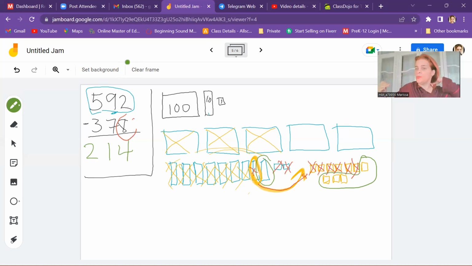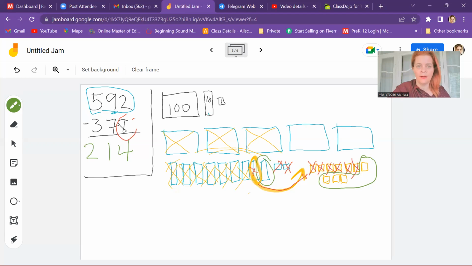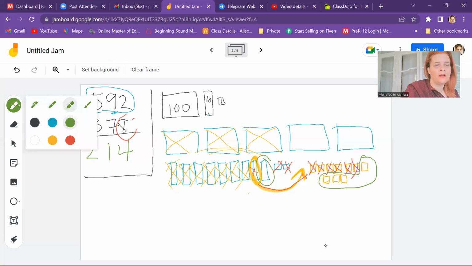Now, we know because we already worked this problem that this is the answer. But how do we check the answer to make sure it's right? Remember how we do that? So we're going to take our other pen and do our checking pen.